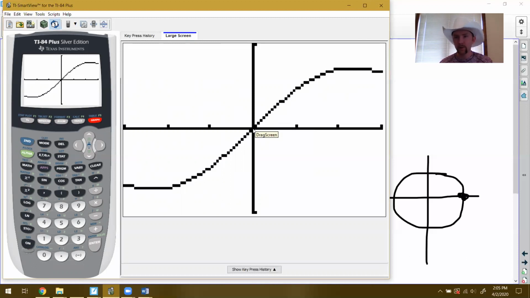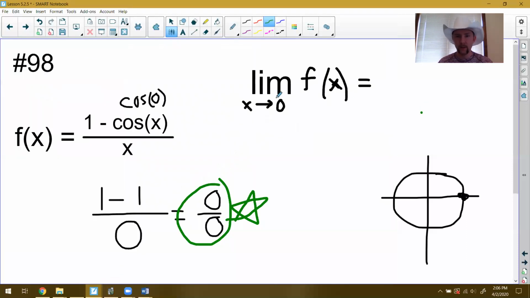It looks like it's going to be the origin, 0. Coming from the negative, same thing. Looks like it's going right towards the origin. So do both sides agree? Yes, both sides do agree. So I do have a two-sided limit, and I can say the two-sided limit as x approaches 0 for this function is 0.